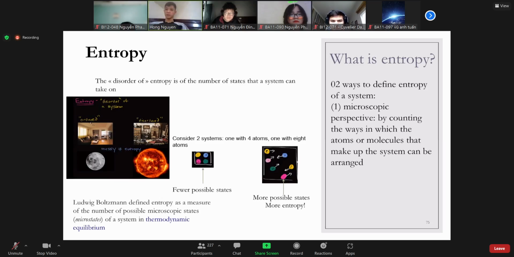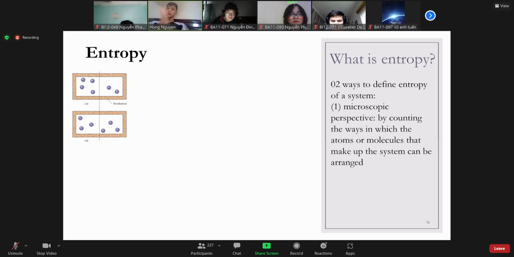Good. So please remember this definition.